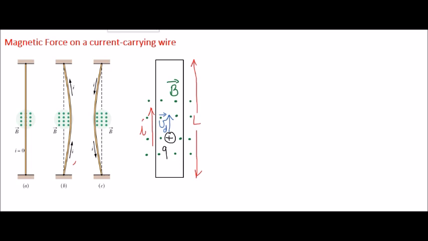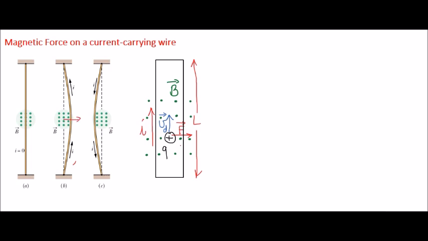The force will be toward the right. That's the magnetic force. So the charge will move toward the right, so the wire will bend toward the right, like in this figure.